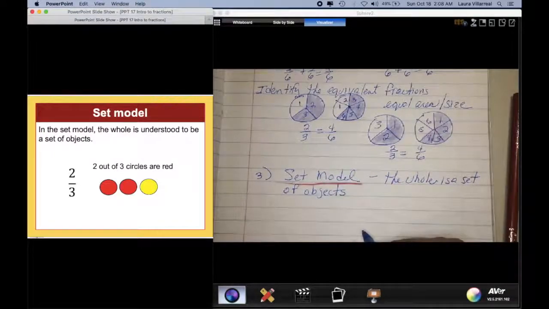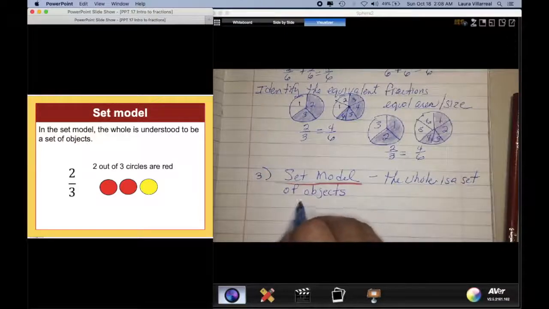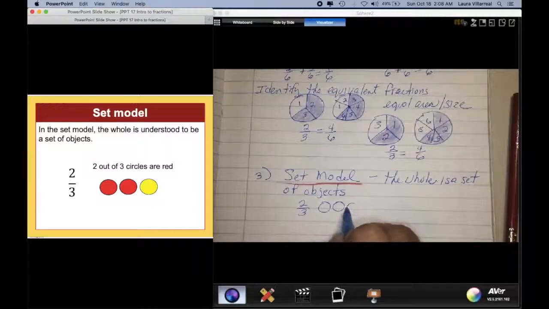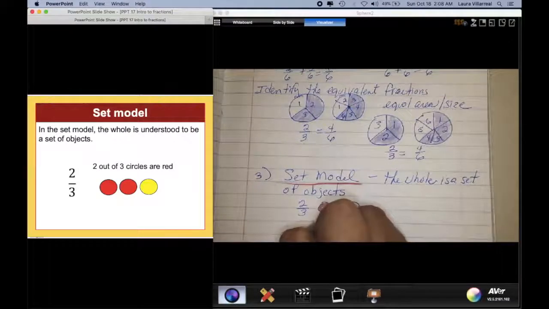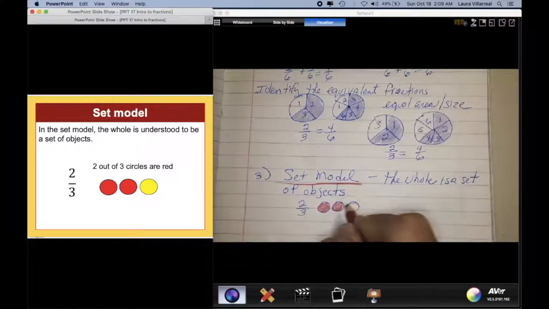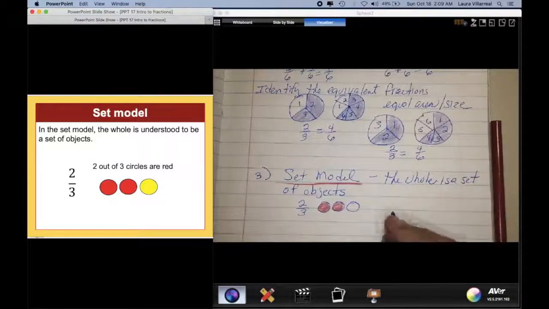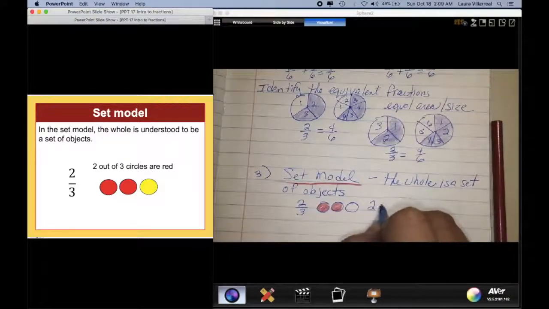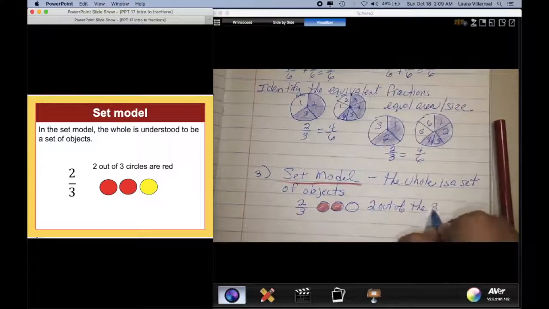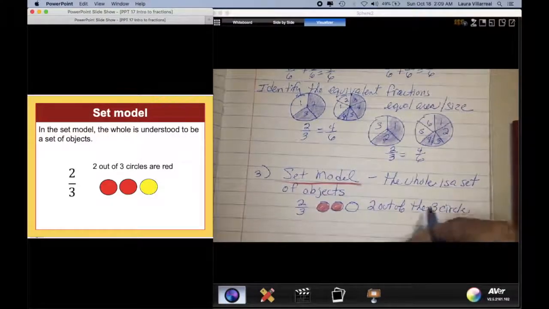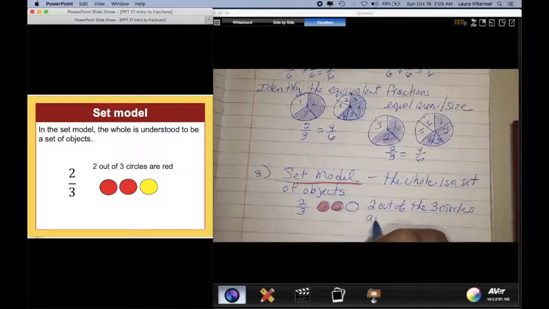So 2 out of 3 circles are red. So here I have some counters. I could use blocks. And I have two of them that are red. Okay. 2 out of the 3 circles are red.